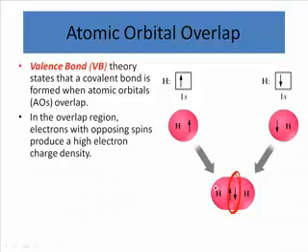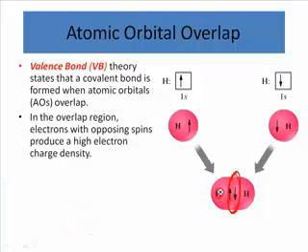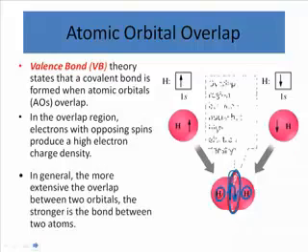In this type of bond, we have our positive nuclei, and then in the region in between where the orbitals overlap, we get a high density of electrons. The electrons are spending a lot of time in between the two nuclei, so we have positive nuclei attracted to the negative electrons. And that is what makes our bond.